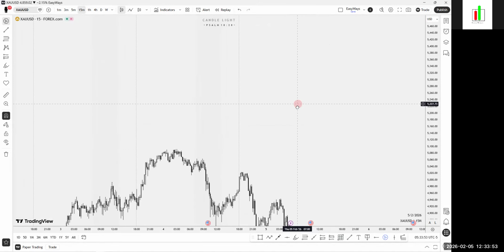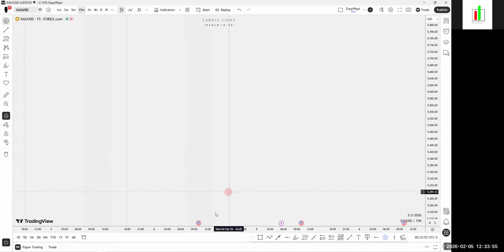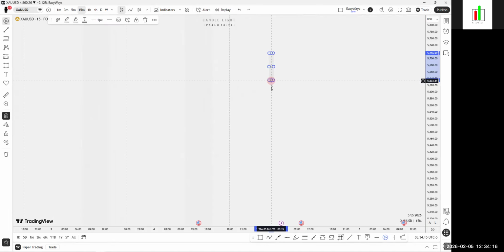So how you draw the market structure is still the same. For a short-term high, you need a candle with a higher high, and on the left of that candle there should be a candle with a lower high, and also a candle with a lower high on the right.